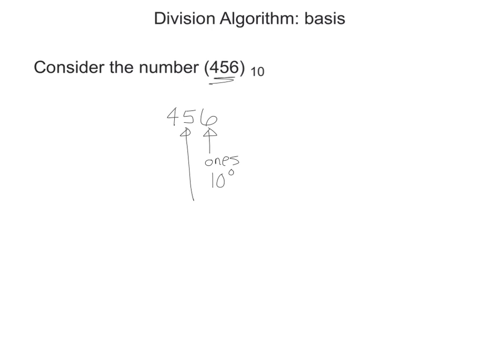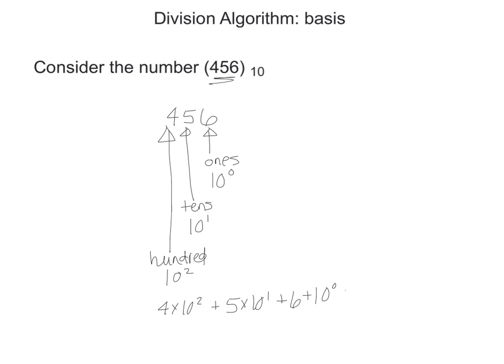The second from the right is our tens digit, which is 10 to the 1. And our last one is our hundreds, which is 10 squared. So essentially what we have is 4 times 10 squared plus 5 times 10 to the 1 plus 6 times 10 to the 0. And that's how we get the 456.